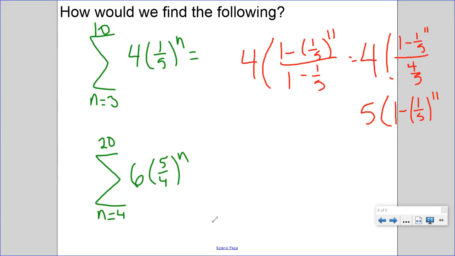We know how to find it from 0 to 10. So how could I sub this out? How could I make this from 3 to 10 and not 0 to 10? Olivia. You subtract the sum from 0 to 2.